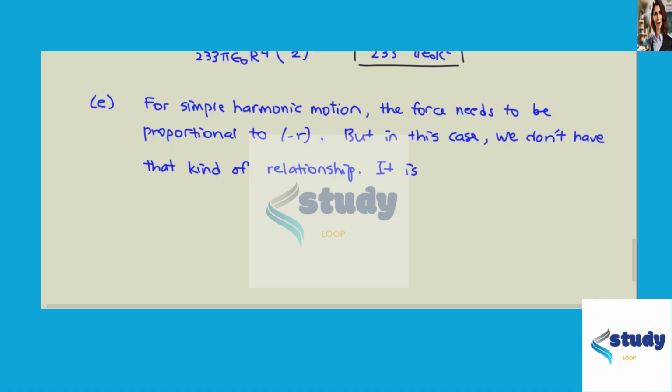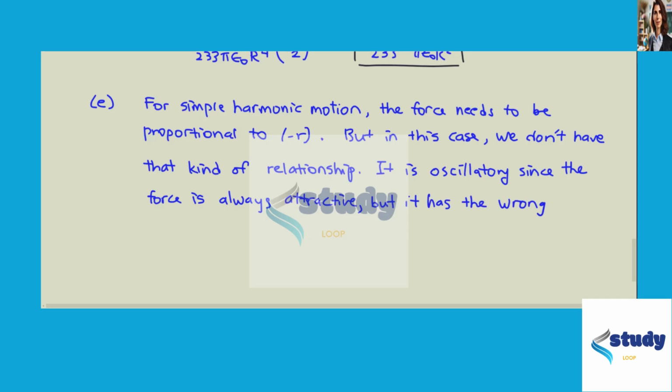It is oscillatory since the force is always attractive, but it has the wrong power of R to be simple harmonic motion.